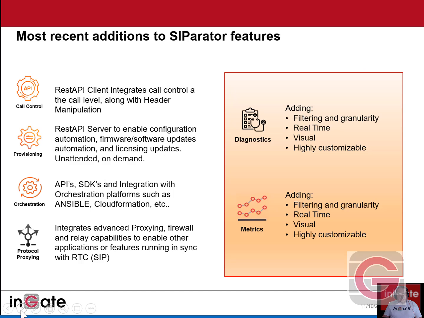So, talking about the other four, just to have a quick review, call control basically means the capability we already have built into the SIParator, using REST APIs, as a REST API client to integrate call control at the call processing level.